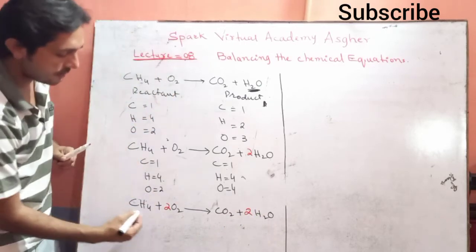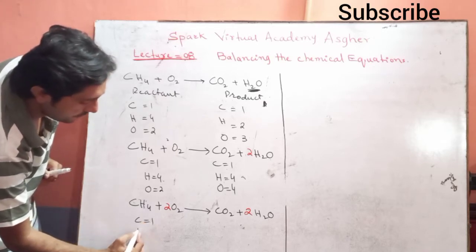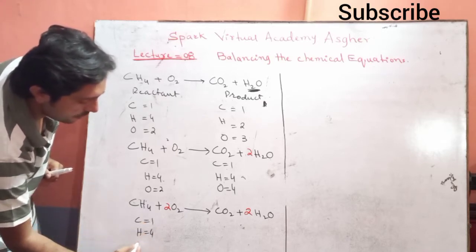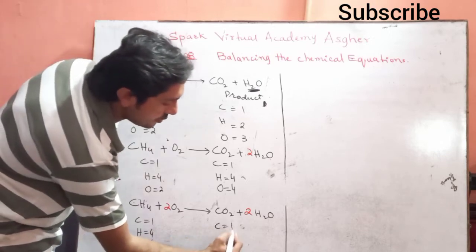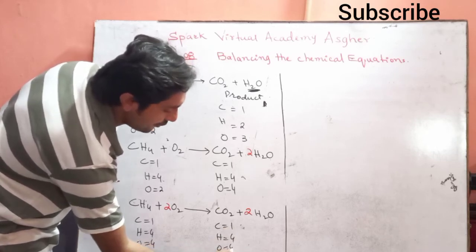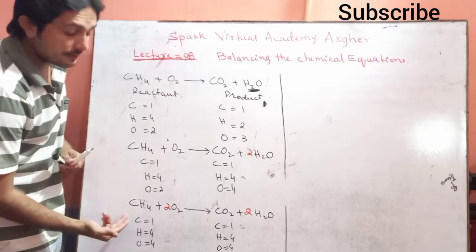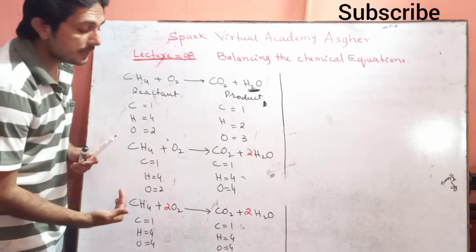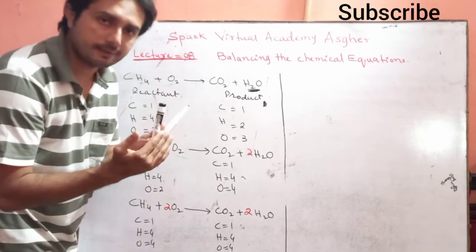Now if we count the elements again, as you can see there, carbon is 1, hydrogen is 4, and oxygen is 4 again. And at the product side carbon is 1, hydrogen is 4, and oxygen is 4. So the atoms at the reactant side and the atoms in the molecules at the product side are equal in number.